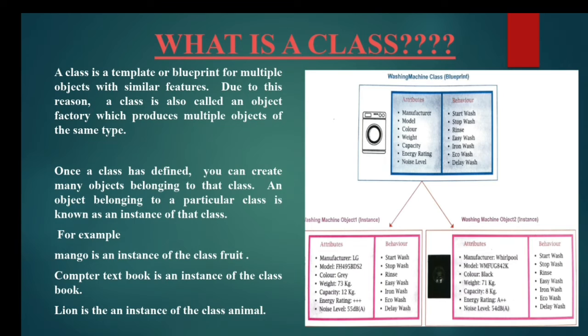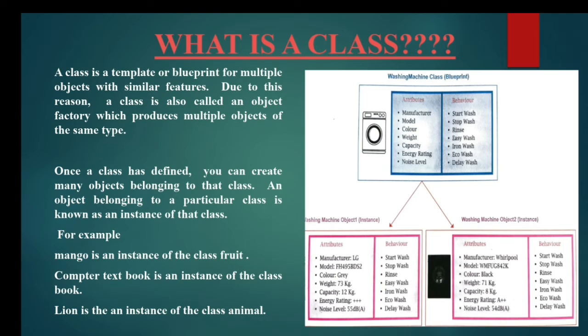In the object 1, we have the attribute manufacturer is LG, and in the object 2, the manufacturer is Whirlpool, and the model is FH495B DS2, and in the object 2, the model is WMFUG842K.